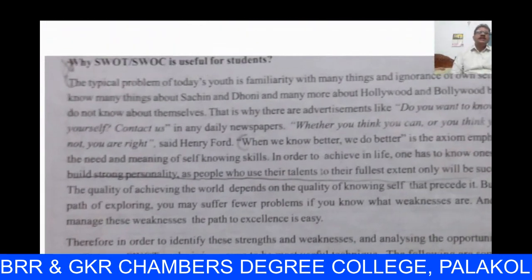Let us see why SWOC is useful for students, for youngsters. What is the use of knowing SWOT or SWOC, especially for students? The typical problem of today's youth is familiarity with many things.